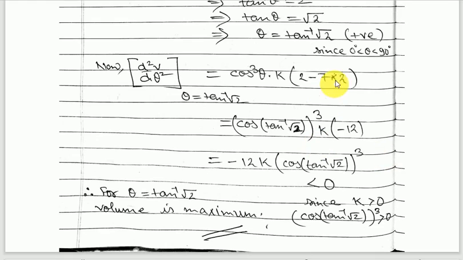So I got 2 minus 14, that means minus 12. Since theta is positive, cos cube theta will also be positive, so I'm getting minus 12 into k into something positive. So it will be less than 0, which implies that volume will be maximum when theta is equal to tan inverse root 2.